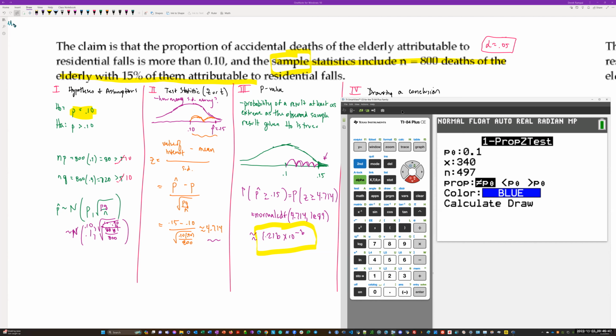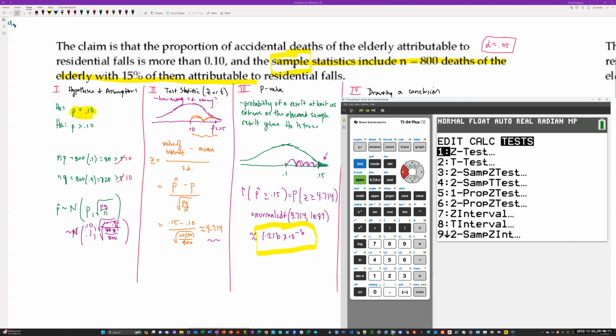How do I determine what X is? X is the number of successes, correct. N is 800. This we just put greater because that's what this says here, right? So then you click this.